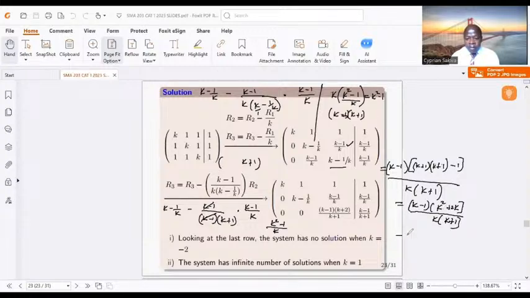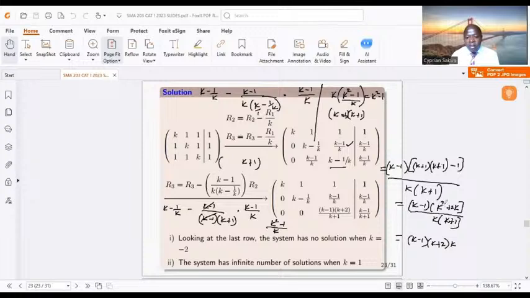So what do you have now? What we now have is k minus 1 into k squared plus 2k. I've just factored k out.